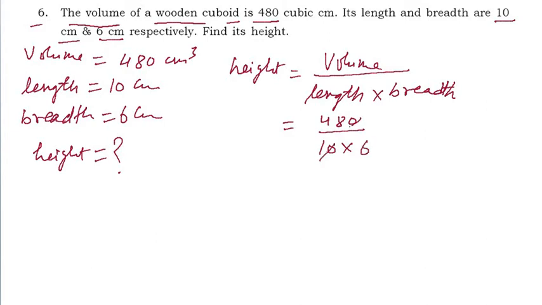So 0 will be cancelled here. This 0, and 6 times 8 is 48. So it will be 8 centimeters. So that one is your answer. So you have to write height is equal to 8 centimeters.